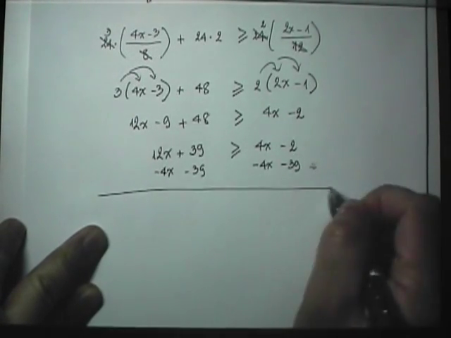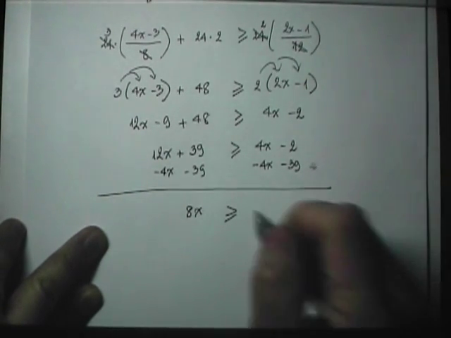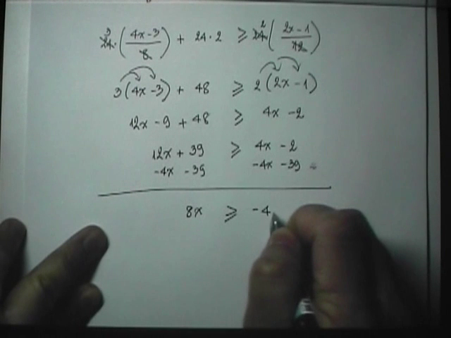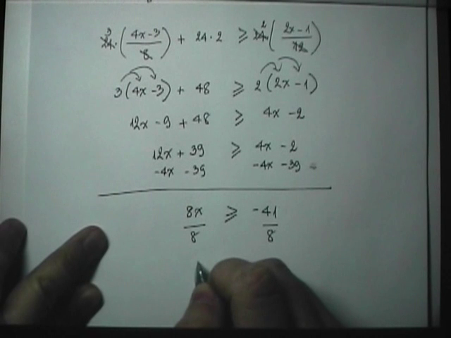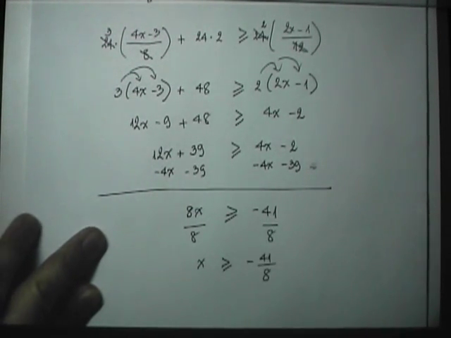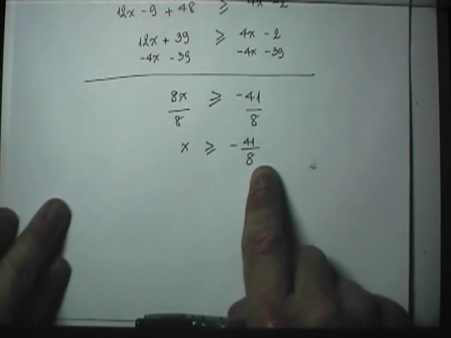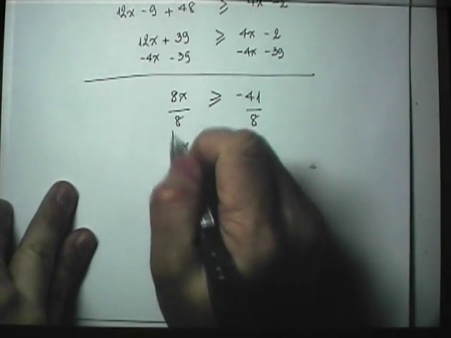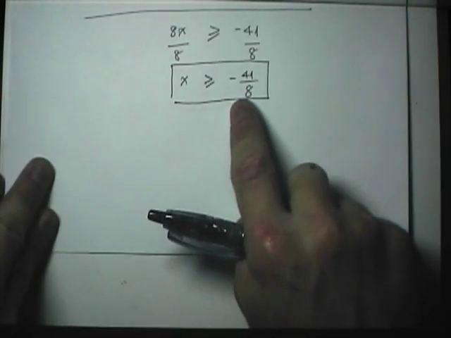Here's my solution: 8x greater than or equal to negative 41. To solve for x, dividing both sides by 8 gives me x greater than or equal to negative 41 over 8. And you do not have to worry about turning negative 41 over 8 into decimal values. That's the point here. We need to learn how to work with fractions. So that's my solution.